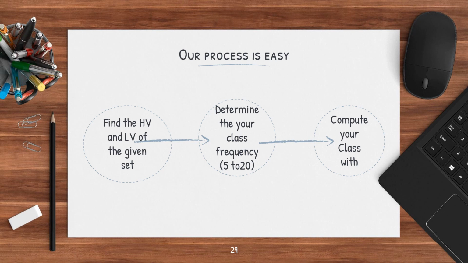So we could choose from 5 to 20 and compute your class width. This is the class width. And then you could have your distribution table for your analysis of data.